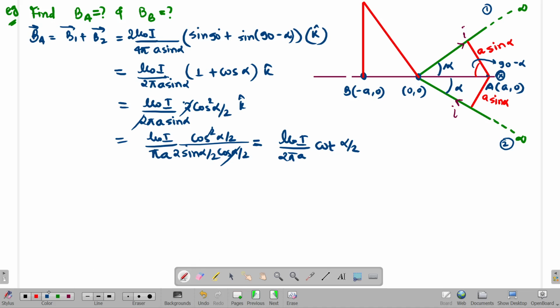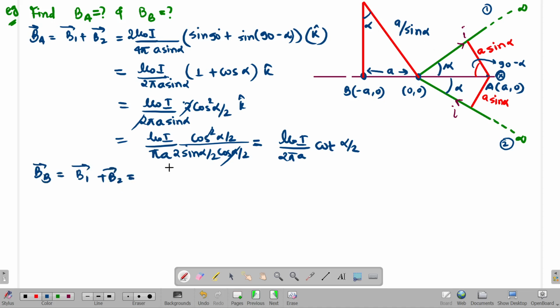Okay, so let it be alpha. So then, if this is A, this is how much? Sine alpha is equal to perpendicular by hypotenuse. So hypotenuse is equal to A by sine alpha. Right or not? So then B at B is B due to 1 plus B due to 2.